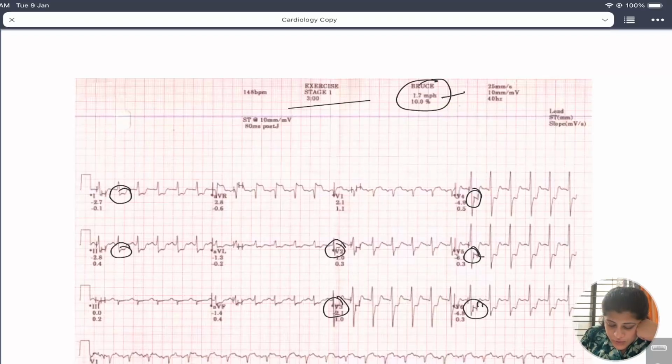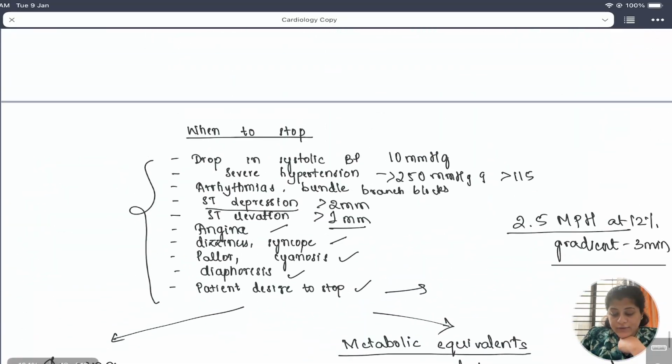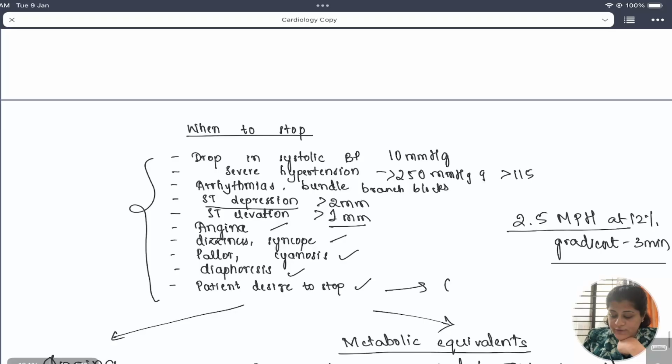So the patient is walking at 1.7 miles per hour at 10% gradient for 3 minutes. After that, the patient is having ST depression in the ECG. So this is a positive TMT test. You should immediately stop, and if you have any of these findings, you will send the patient for coronary angiogram.